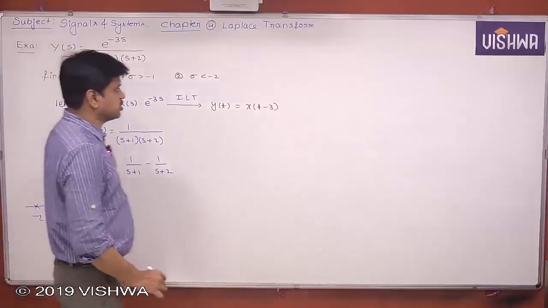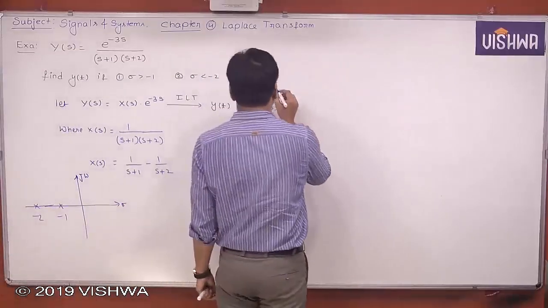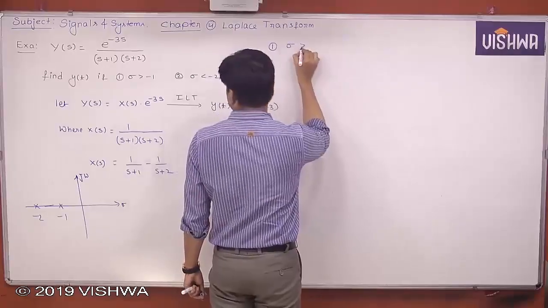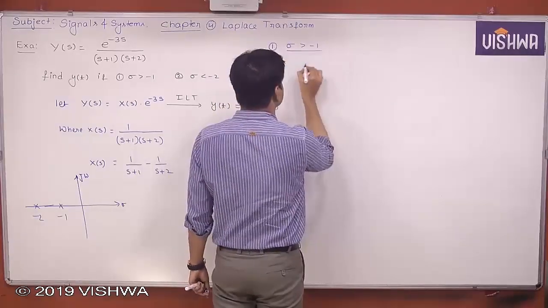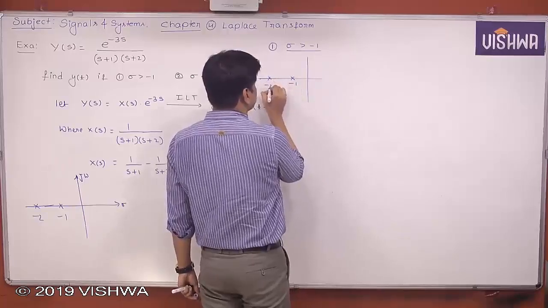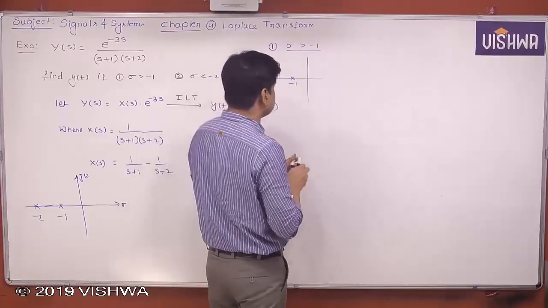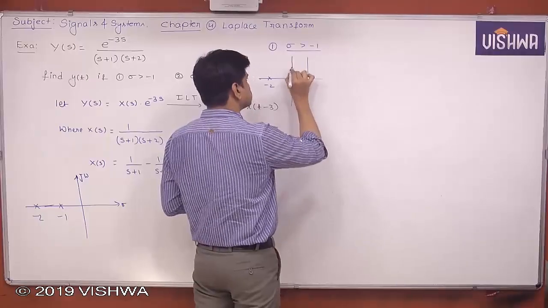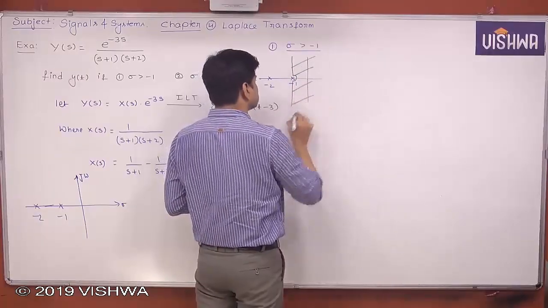So let's see, first, sigma greater than minus 1. Sigma greater than minus 1 means this is minus 1, minus 2. So this is the ROC.